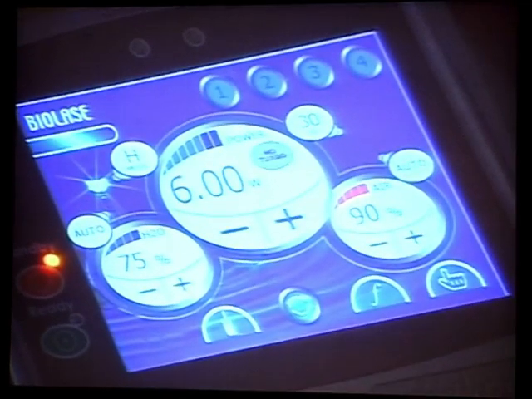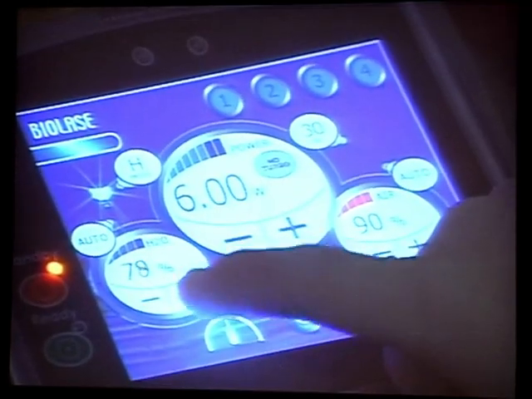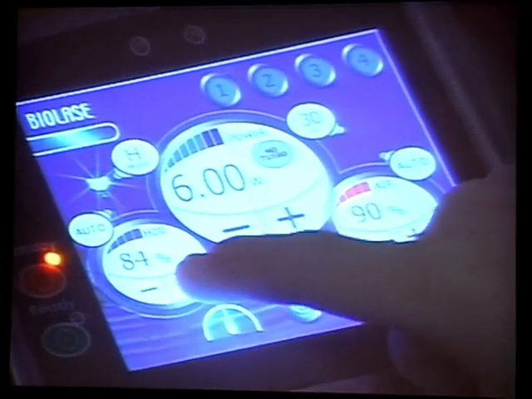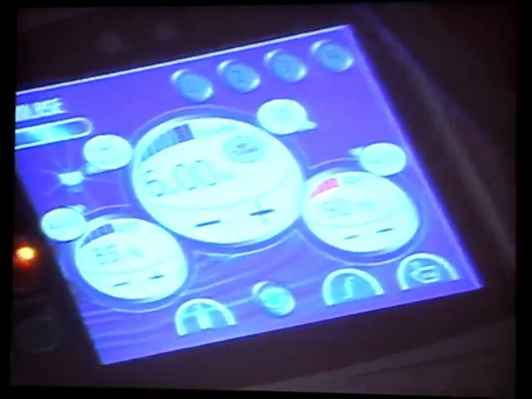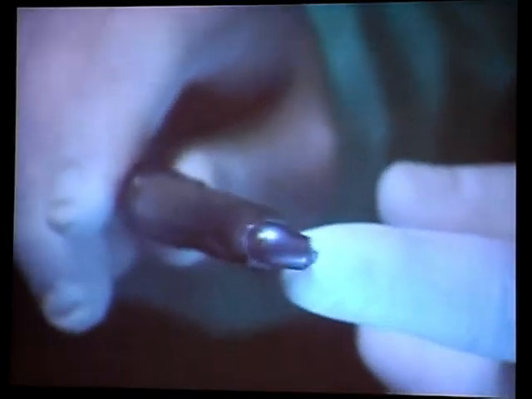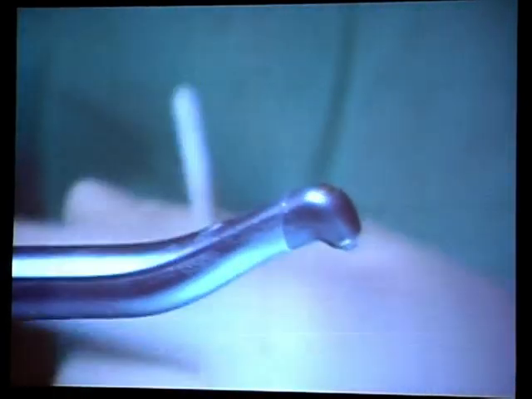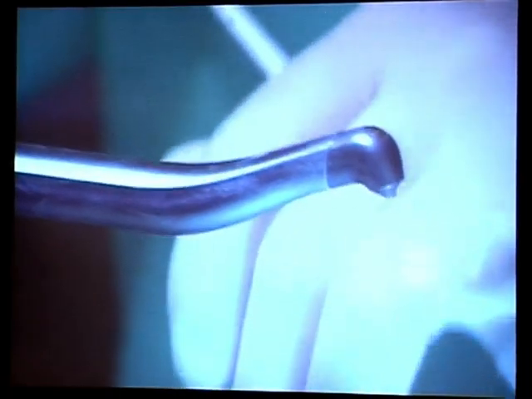But to remove the old fillings, I increase the water to 85%. So the laser is used with a special turbo handpiece. You've seen it before in my lecture. I don't know if you can see it here. It's very short and you have to use it with a focus point of 5 to 6 millimeters to the target.